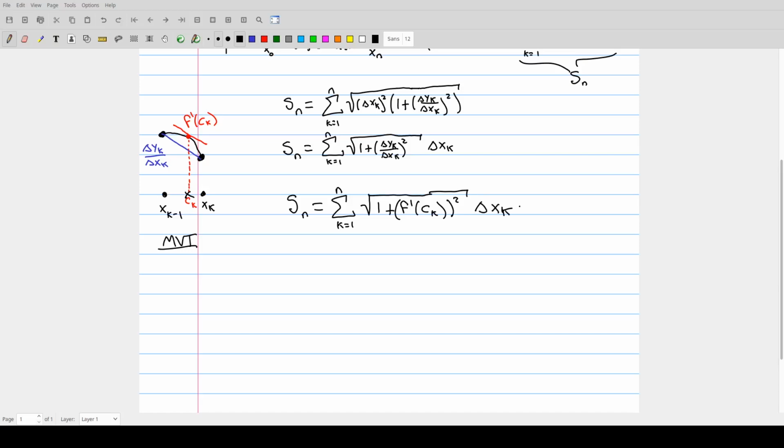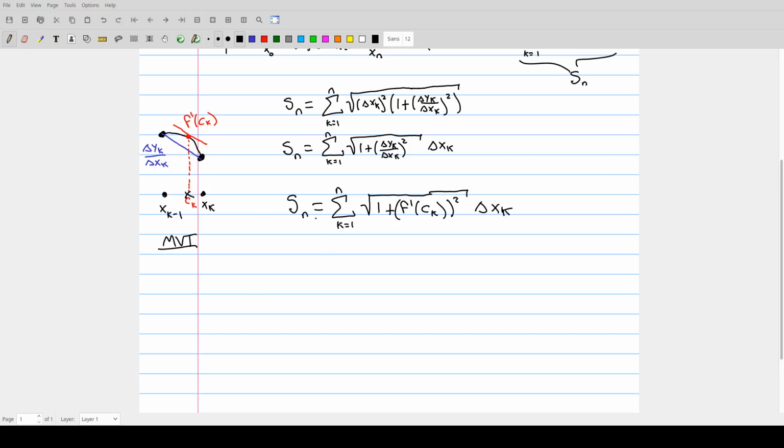And now we are in the form to take the limit of this Riemann sum, because this is in fact a Riemann sum, using the sample point ck, where ck is that point that's guaranteed from the mean value theorem.